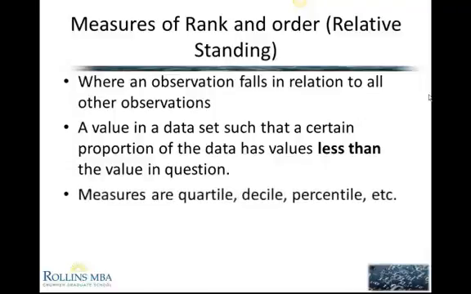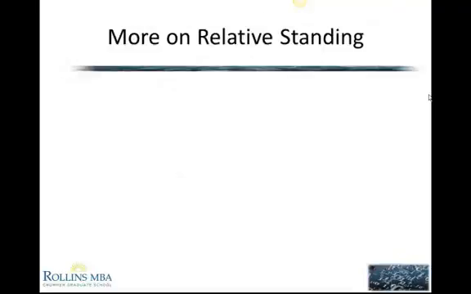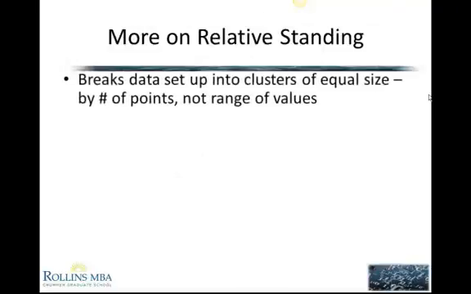And the measures we typically use are things like quartiles or percentiles or deciles. And these names refer to how we describe or allocate the proportion of data that's less than the value we're looking for. Let's look at this in a bit more detail.